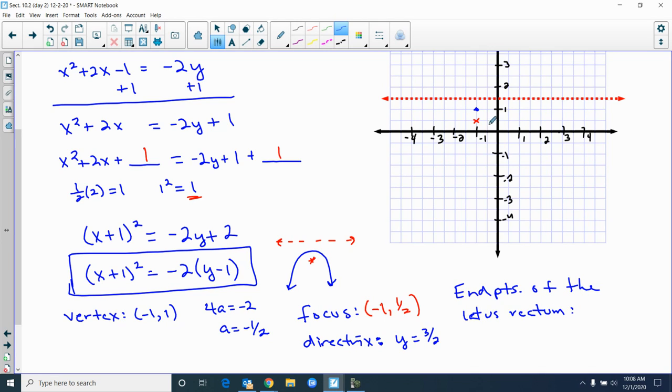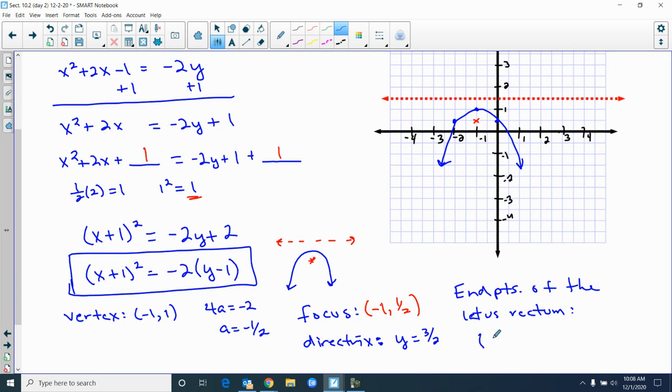How far do you move from the focus? In this case, we're going to move left and right. Well, since a is 1/2, you're going to double that, which makes it 1. So you want to move 1 to the right, and you want to move 1 to the left. And so those are going to be the coordinates of my latus rectum.